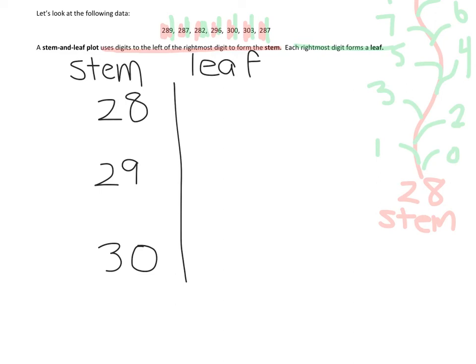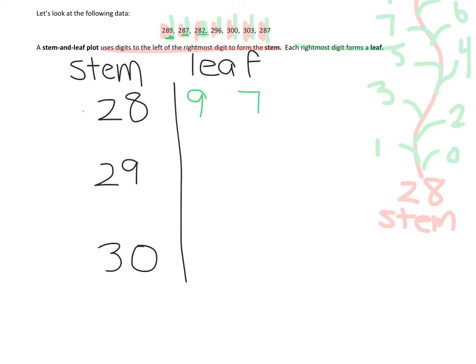So let's just go through the data, and we'll do our leaves in blue or green. So our first leaf is 9 with stem 28. So we're going to go to the stem 28, and we're going to write the leaf 9. All right. And now let's go to the next one. So stem 28, leaf is 7.